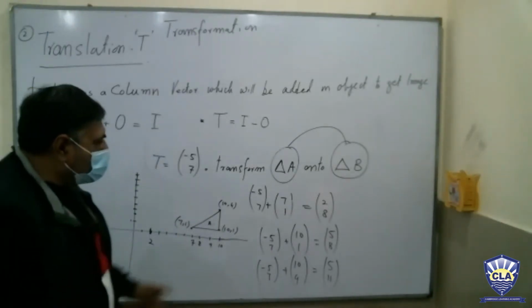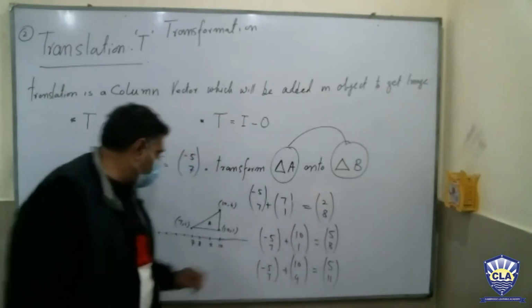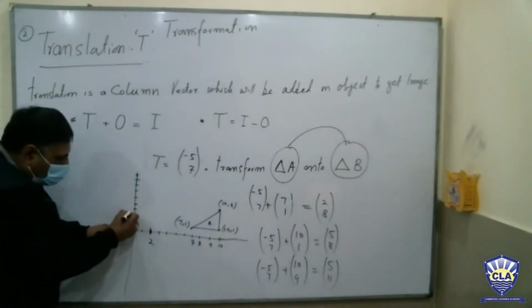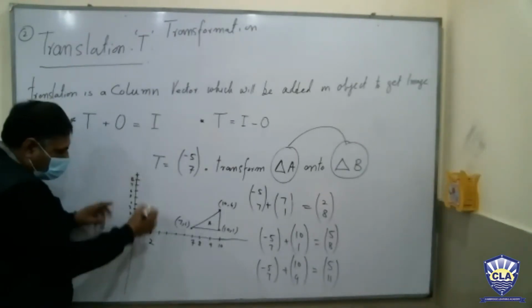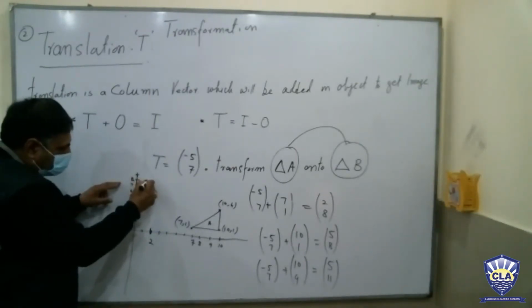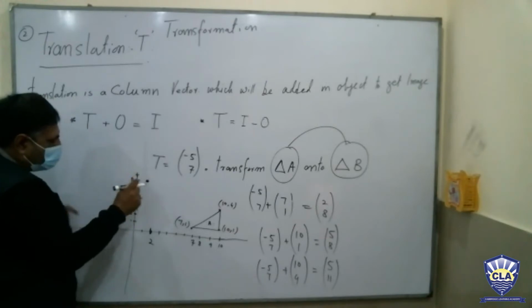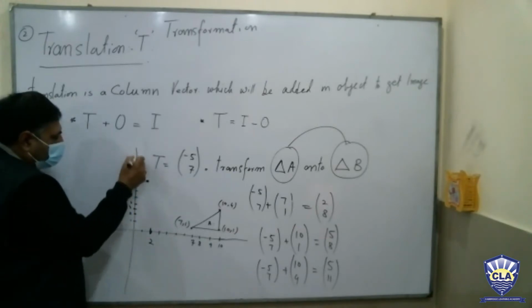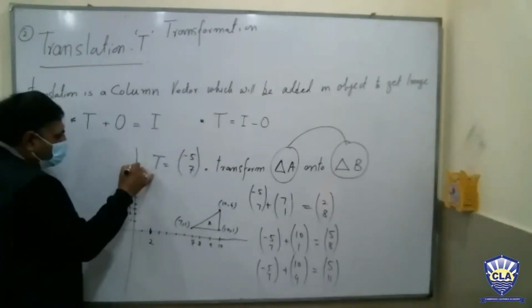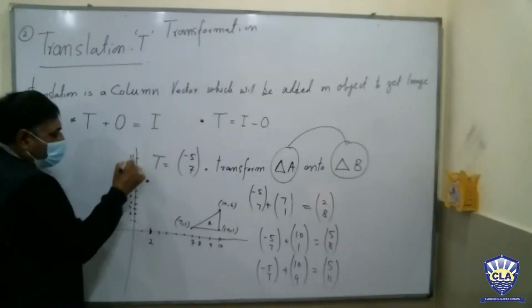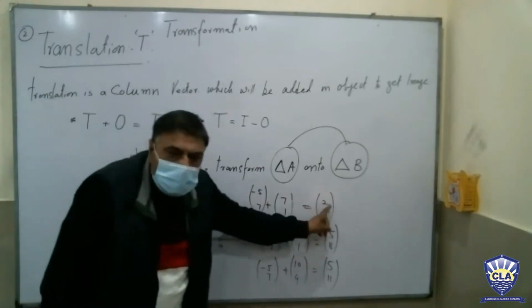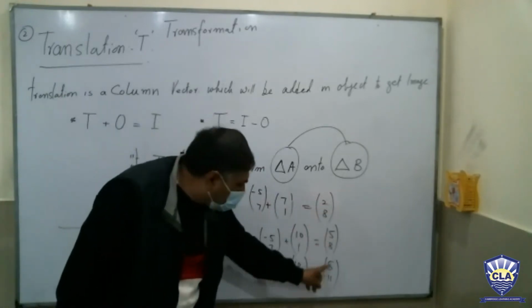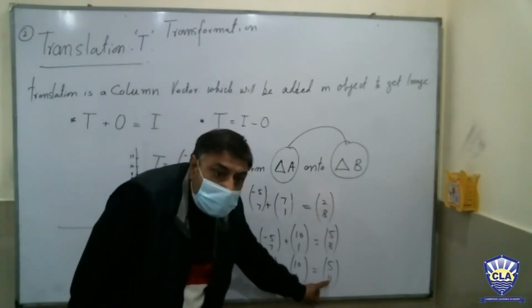Okay. Now please mark this 2, 8. 2, 1, 2, 3, 4, 5, 6, 7, 8. 2, 8. I am talking about translation. The first point is 2, 8. Mark this 5, 8 and 5, 11.